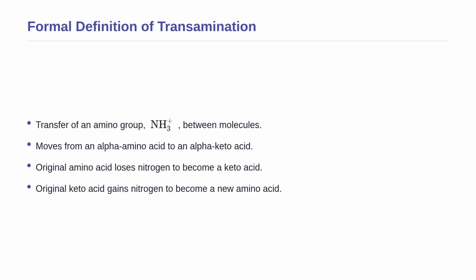An alpha amino acid is simply a carbon skeleton holding onto a nitrogen group, while an alpha keto acid is a similar skeleton with an oxygen double bond instead. When this reaction occurs, the original amino acid loses its nitrogen and becomes a keto acid. Simultaneously, the original keto acid gains that nitrogen and becomes a brand new amino acid.